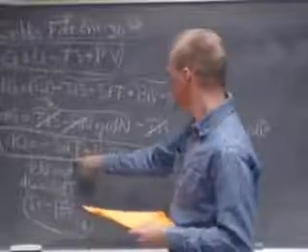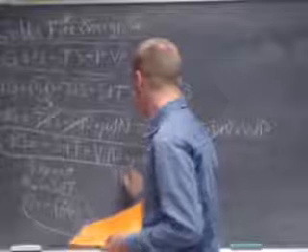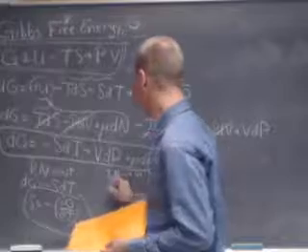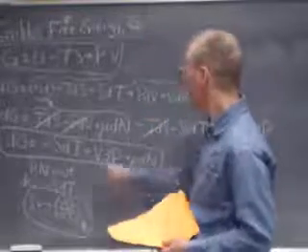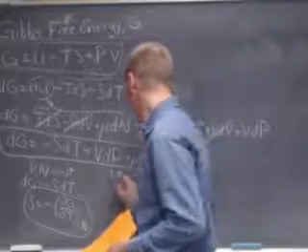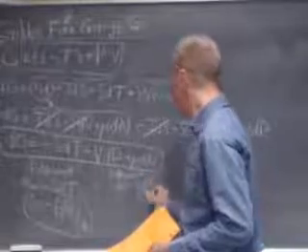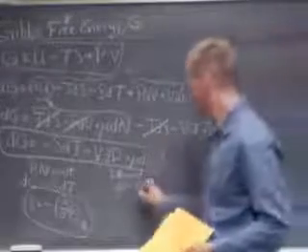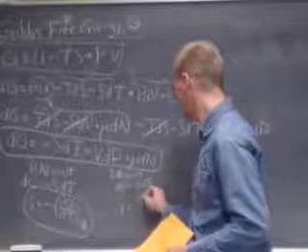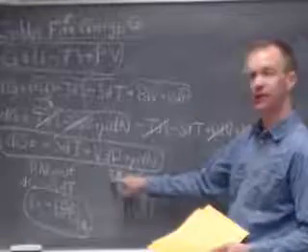If you hold temperature and number constant, then dT is 0 and dN is 0, and you get dG is V dP plus 0 plus 0. So the volume would be the partial derivative of G with respect to pressure holding temperature and number constant.